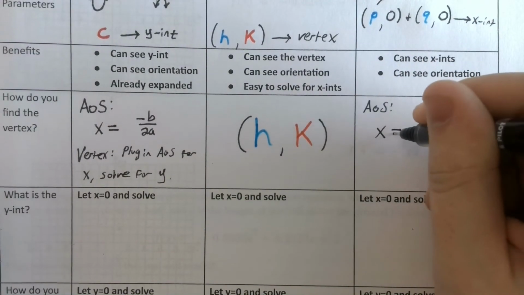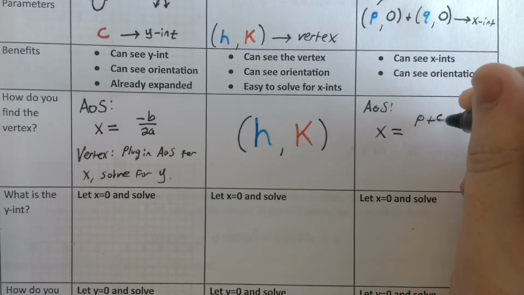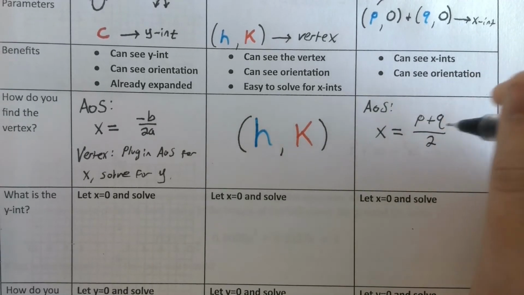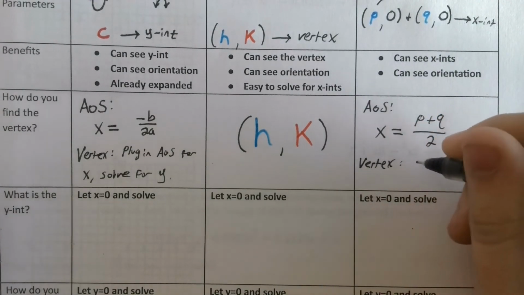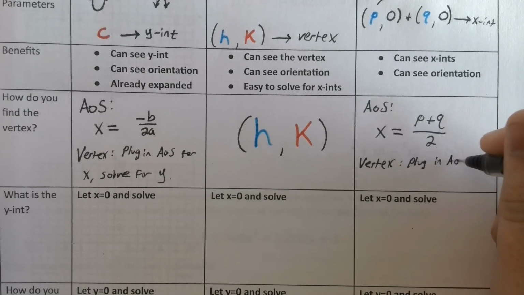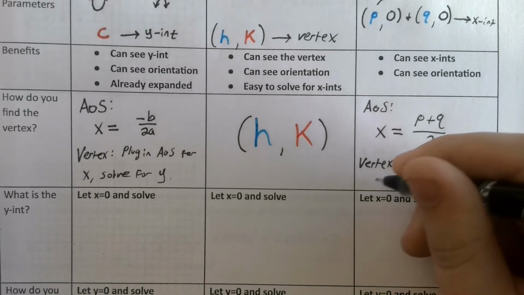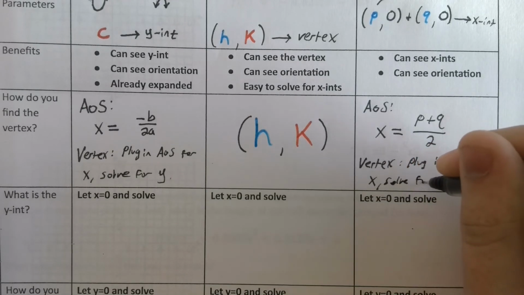The formula for our axis of symmetry is x equals p plus q over 2. So to solve for the vertex, once again, we plug that in for x and solve for y.